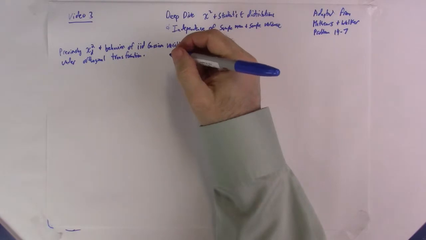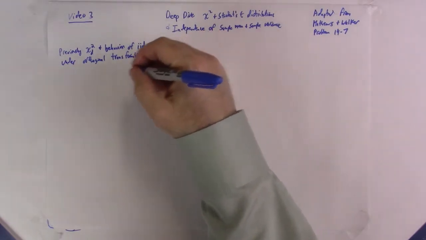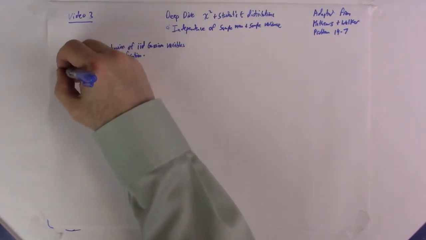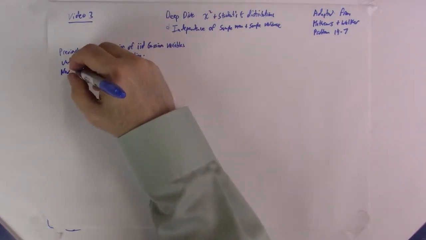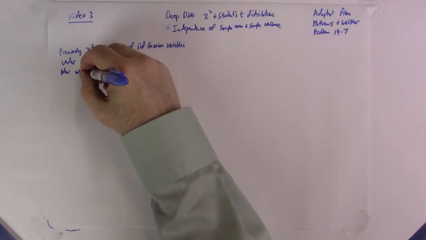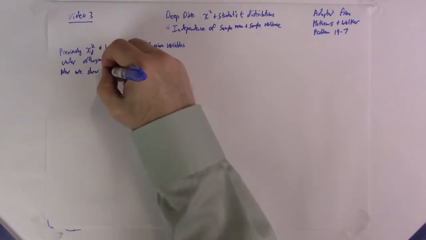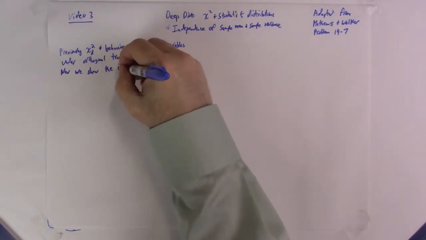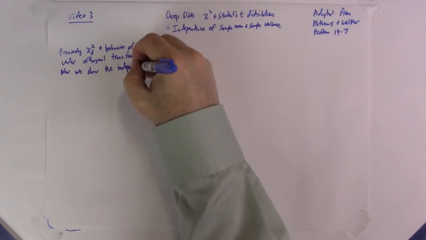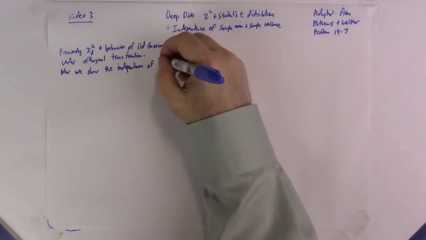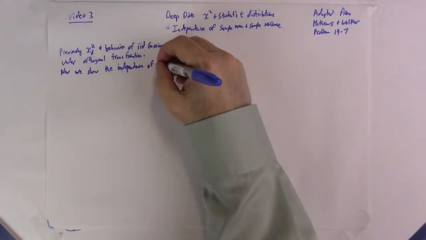And now in this video, we're going to use what we did in the last videos, and we will actually show the independence of the sample mean and sample variance.